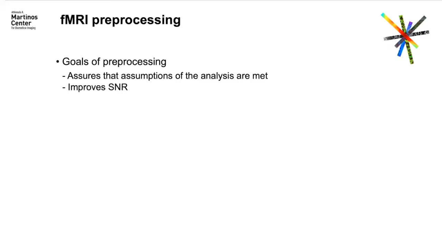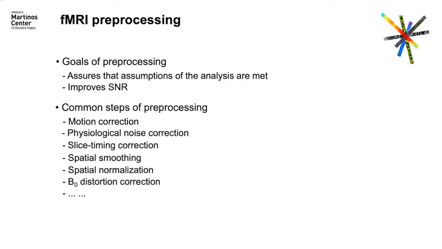Before we start the analysis of fMRI, we usually go through steps of pre-processing. Pre-processing assures that the assumptions of the analysis are met, and we also want to improve the signal to noise ratio as much as possible.